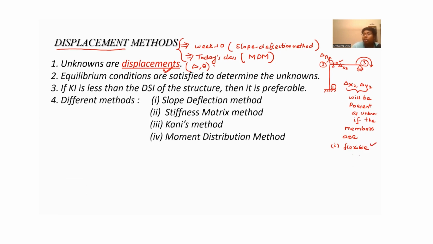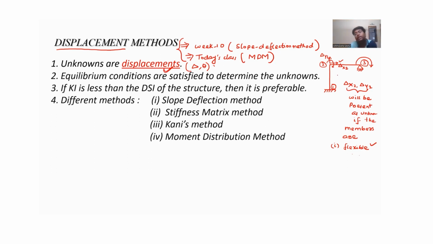If the members are not flexible in nature, then the length of the members won't change. If the length of the member won't change irrespective of any loading condition, then this joint cannot move either in x direction nor in y direction. If that joint cannot move in x direction as well as in y direction, then those translational degrees of freedom are arrested.